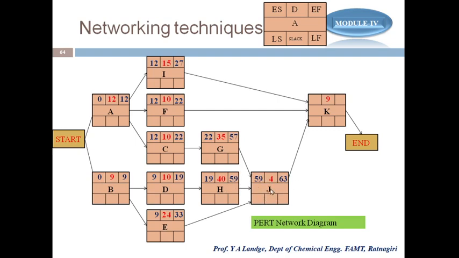Though its duration is 4, J depends on other activities, which is why it completes on the 63rd day.